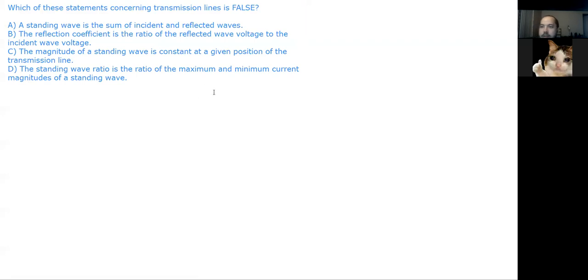Okay, so which of these statements concerning transmission lines is false? So this is a conceptual question. A, a standing wave is the sum of incident and reflective waves. B, the reflective coefficient is the ratio of the reflective wave voltage to the incident wave voltage. C, the magnitude of a standing wave is constant at a given position of the transmission line. Or D, the standing wave ratio is the ratio of the maximum and minimum current magnitudes of a standing wave.